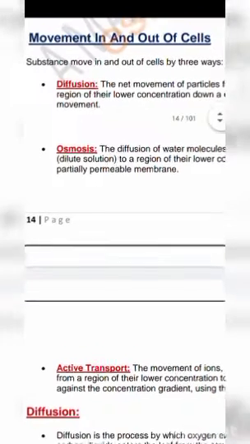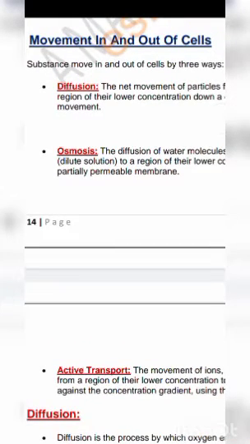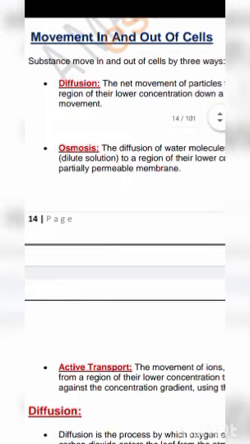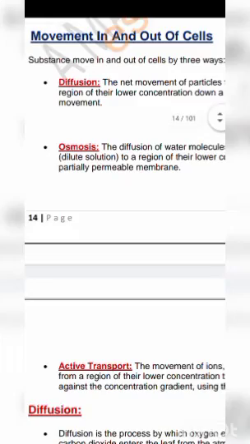Okay, so we are going to discuss movement in and out of a cell. Movement of molecules in cells occurs in three different processes. The first one is diffusion, then osmosis, then active transport.